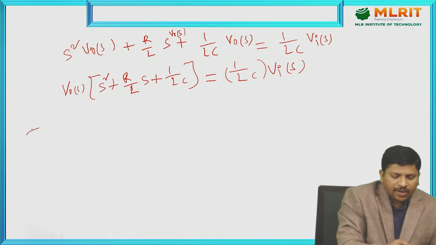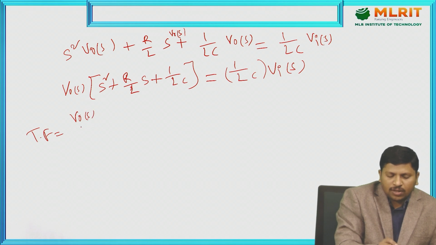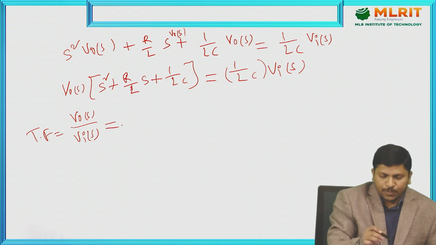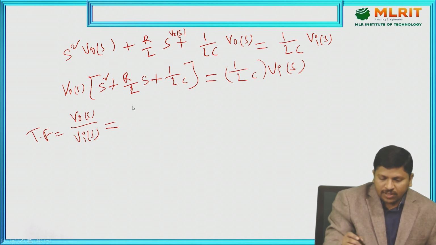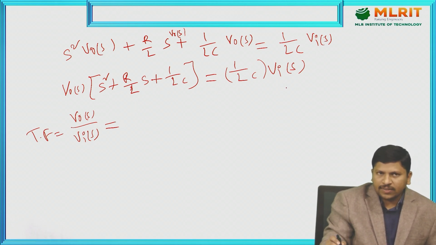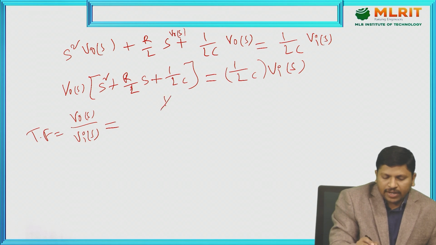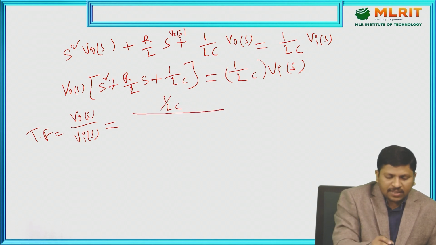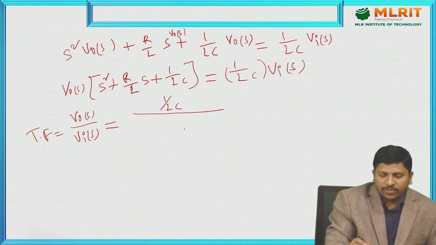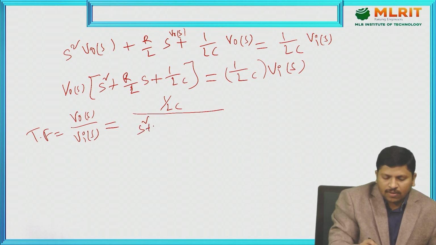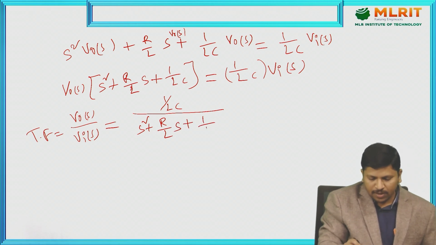The transfer function equals output by input, meaning V out of S by V in of S equals, this term moving to the right side, 1 by LC divided by the denominator S square plus R by L into S plus 1 by LC.